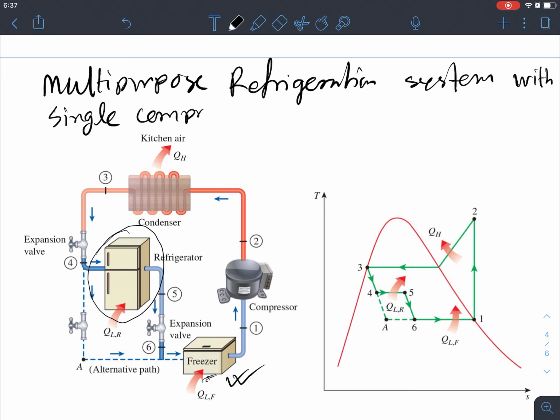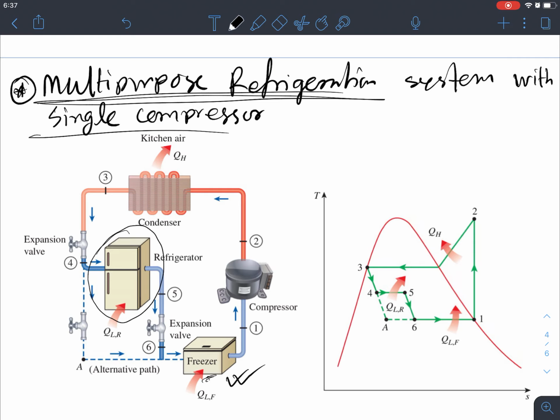The topic itself is telling us what the key components are. So basically, a multi-purpose refrigeration system, right? We want to use it for extremely low temperature, and also relatively low temperature, and we want to complete this cycle by using a single compressor, right?